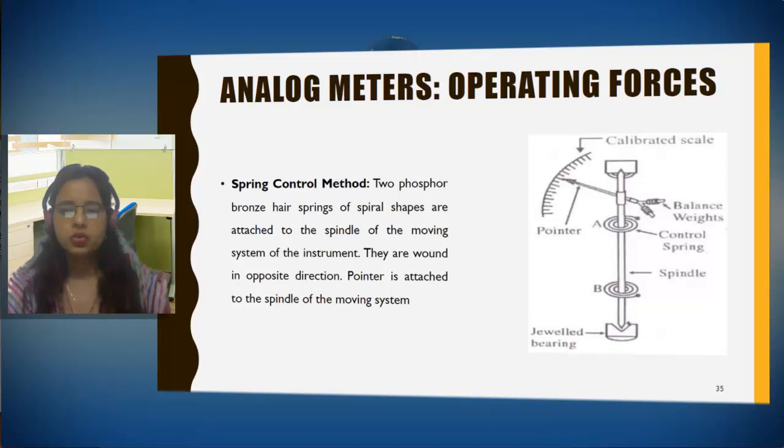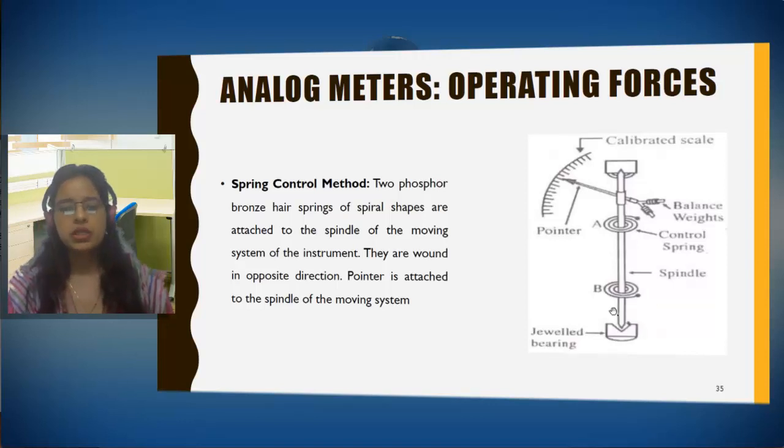This torsional force will help in controlling the deflection of the pointer, because after some point the spindle cannot rotate, because of the torsional force provided by the springs, which are wound in opposite directions. When the pointer rotates, the spindle rotates. When the spindle rotates, one of the springs will get wound and the other will get unwound.